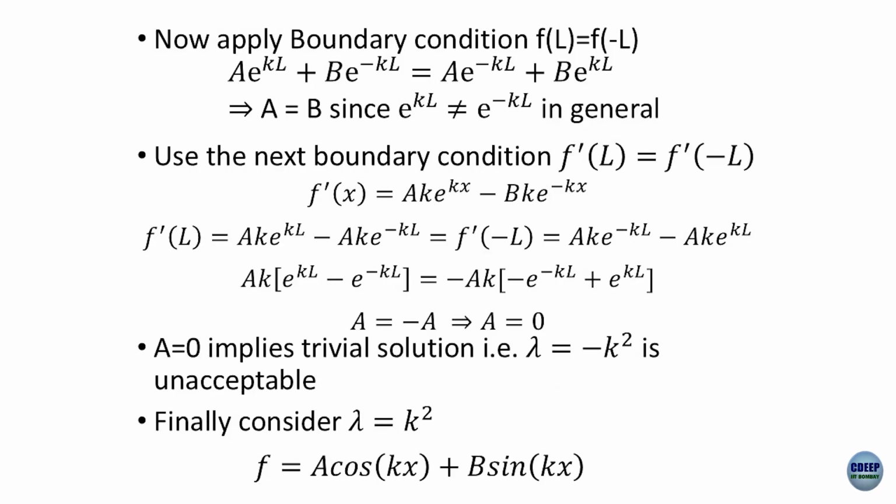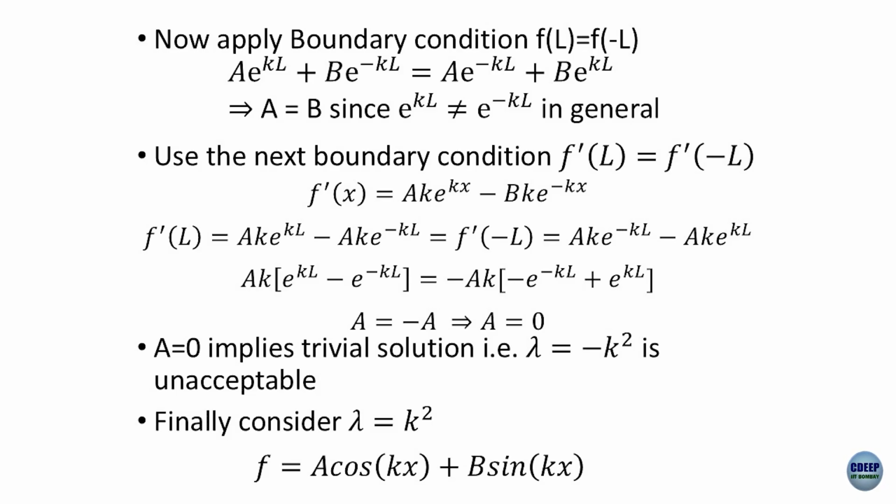Then we looked at the other options, lambda equal to minus k square, which turns into a trivial solution. We didn't do the algebra, we just said that you can look at the algebra there, and it's not guaranteed that all of lambda equal to plus k square or minus k square are going to end up like this, but in this case it is. So you can go ahead and look at the algebra that is given there and convince yourself that lambda equal to minus k square is going to end up with the trivial solution.